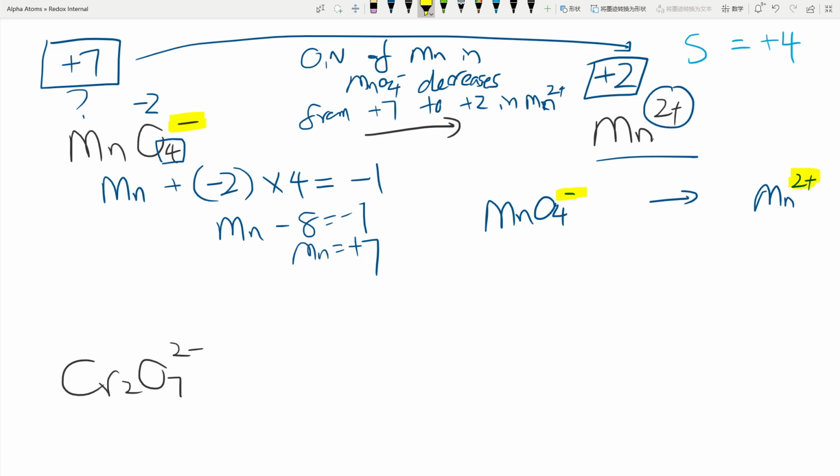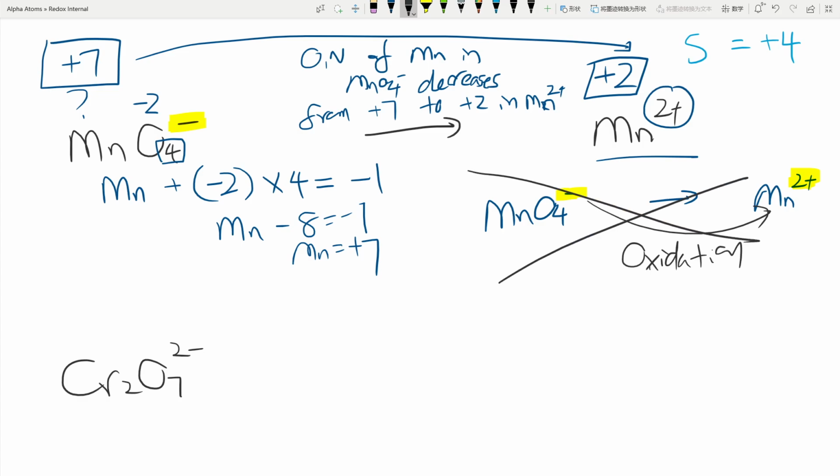That's +2, so the oxidation number has increased, therefore it's oxidation. And if you write this in your internal, guys, this is going to be very, very wrong, and I'm pretty sure your teacher will be very disappointed, and yourself as well, because this is not the correct way. You have to compare the oxidation number of the same element.